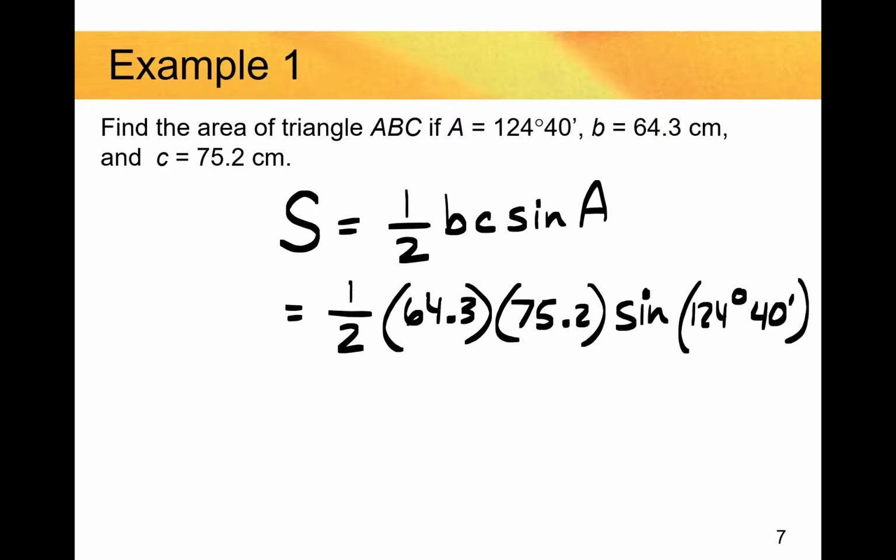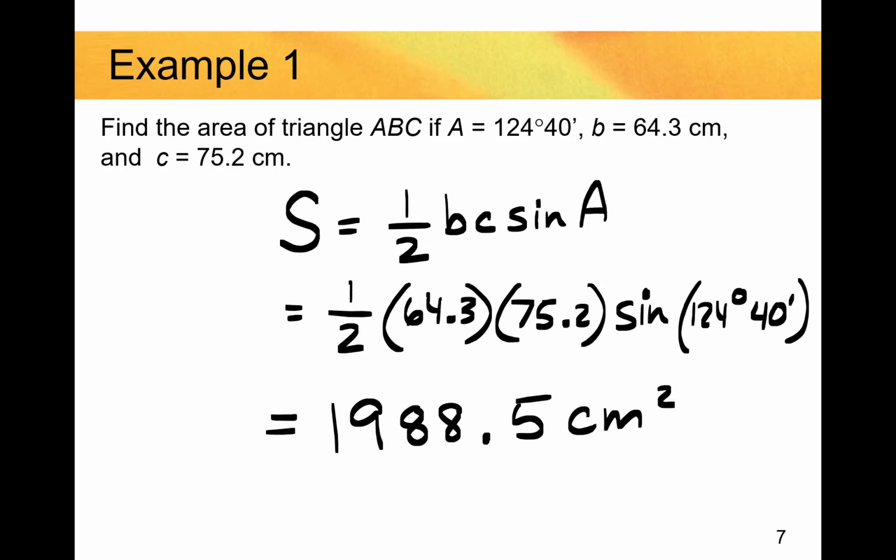Squared. Squared, yes. Okay. All right, we got an answer here. Sam with an answer of 1,988.5 centimeters. We're talking about area? Centimeters squared. Absolutely. There it is.